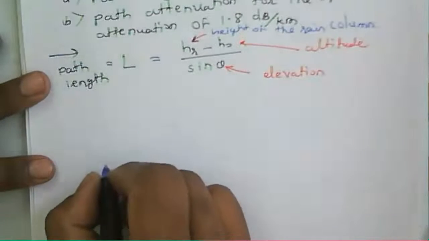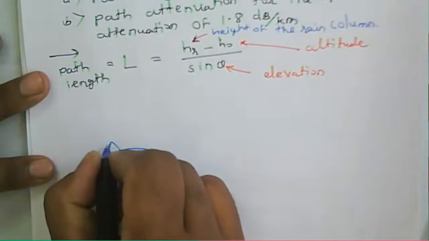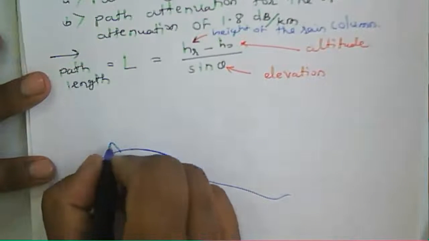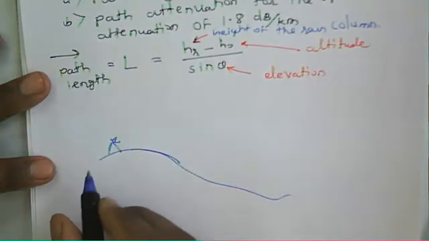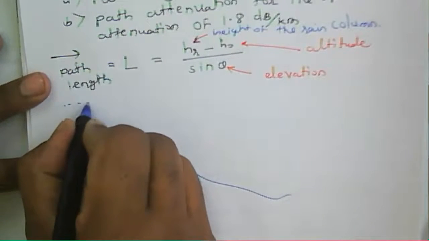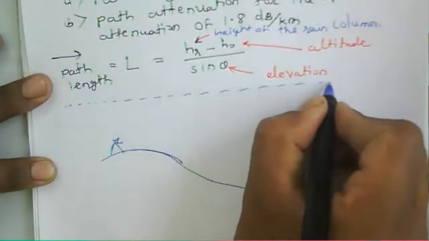We have the Earth station here. It transmits the signal, and here we have the freezing point.